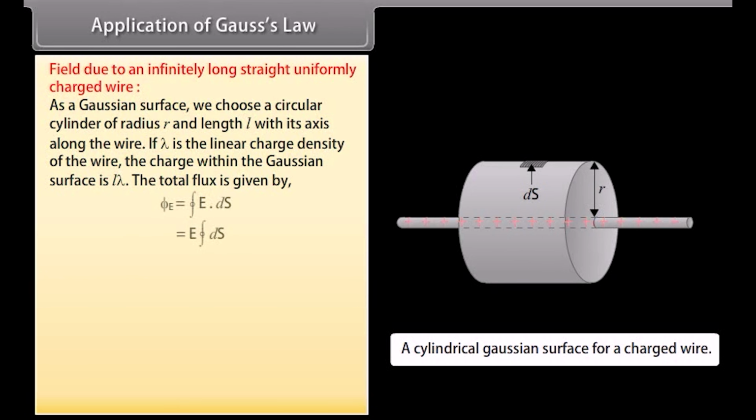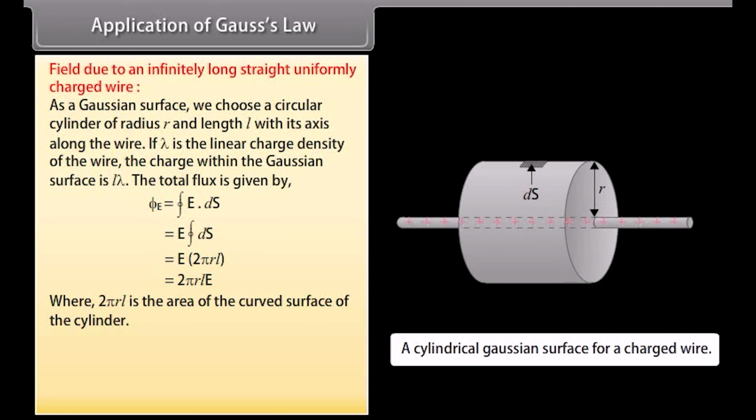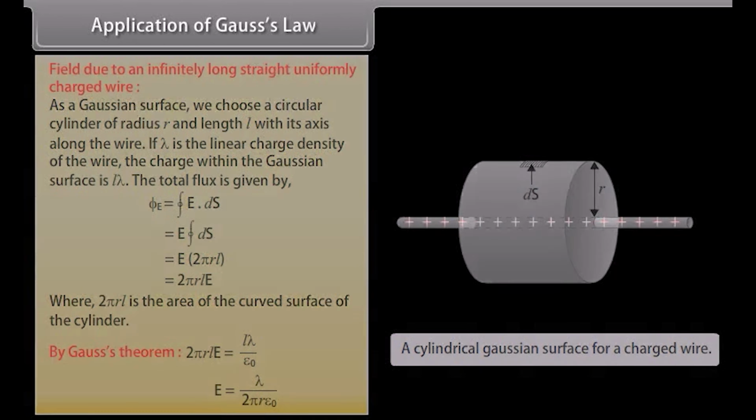We know that phi E is equal to the integral over a closed surface of E dot ds, which equals the product of E and 2 pi rL, where 2 pi rL is the area of the curved surface of the cylinder. According to Gauss's theorem, the electric field at any point at a radial distance r from the wire is equal to lambda divided by 2 pi r epsilon naught.